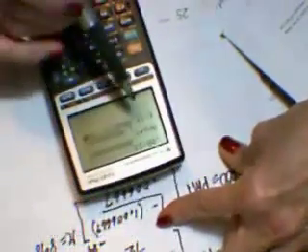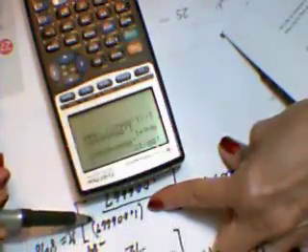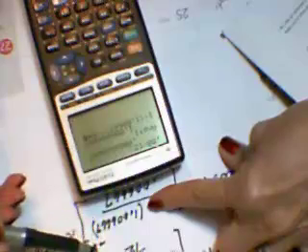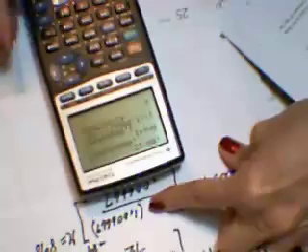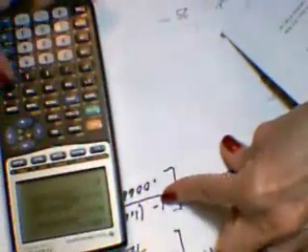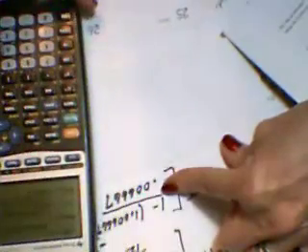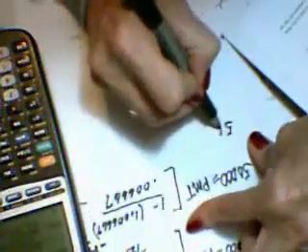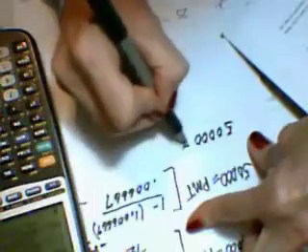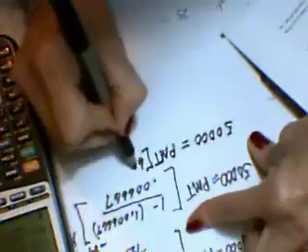I'm going to press enter, and then I'm going to divide that by .0066667, and press enter.